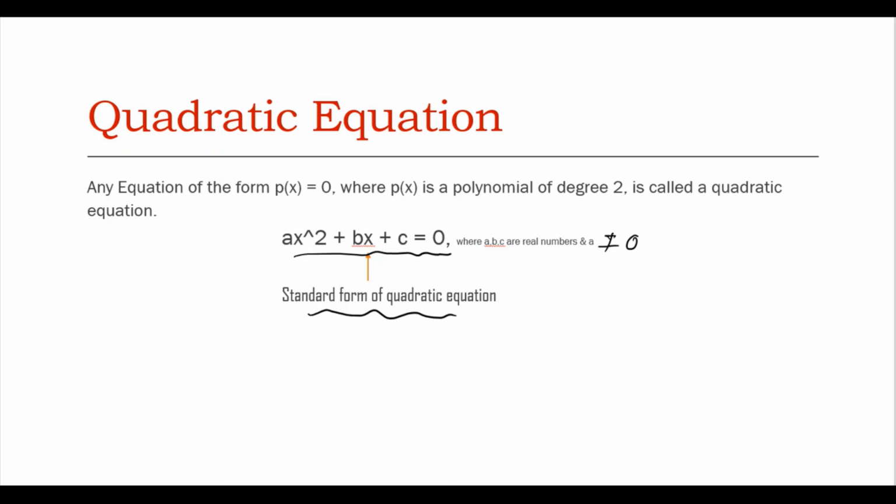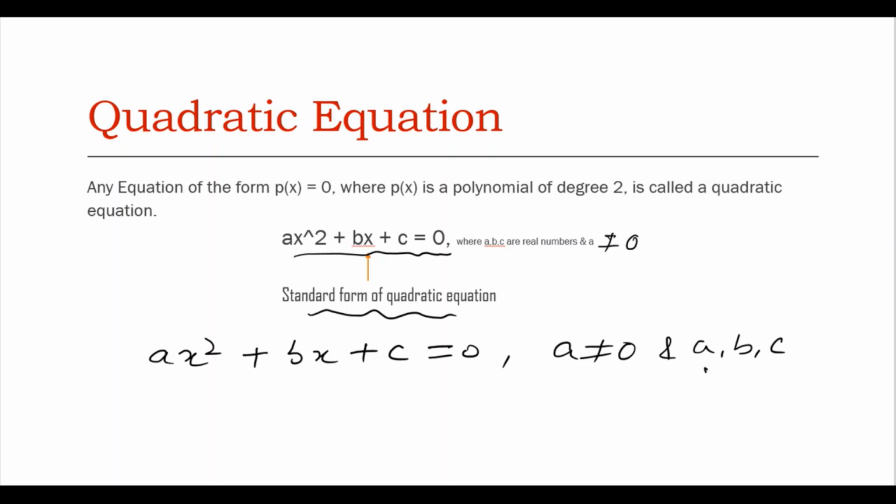Or you can also say any equation of the form ax square plus bx plus c is equal to 0, where a is not equal to 0 and a, b, c are real numbers, okay, is called quadratic equation or standard form of quadratic equation.